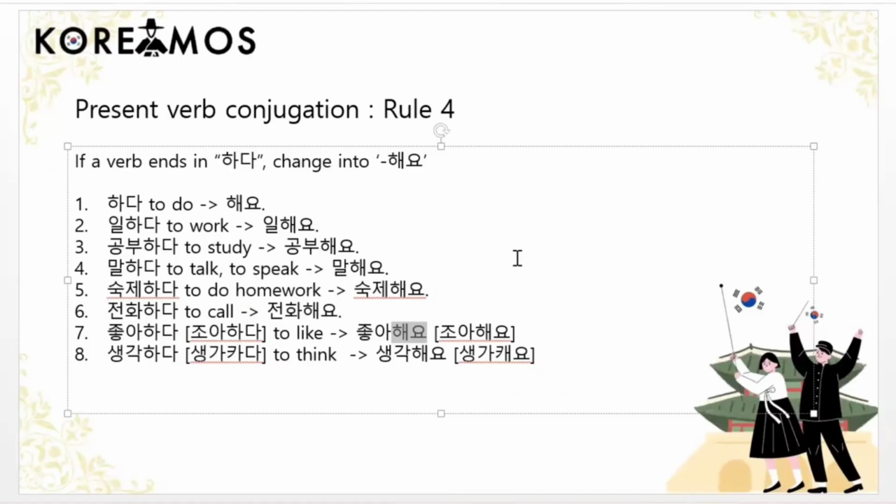Change just 하다 to 해요. And 생각하다, we pronounce 생각하다. Because this ㄱ sound plus the ㅎ sound changes into a ㅋ sound, stronger. 생각하다, 생각해요. 생각 is thought. 생각하다 is to think, the verb. 생각해요 is I think, you think, we think, like this.